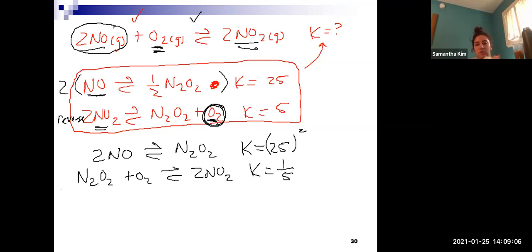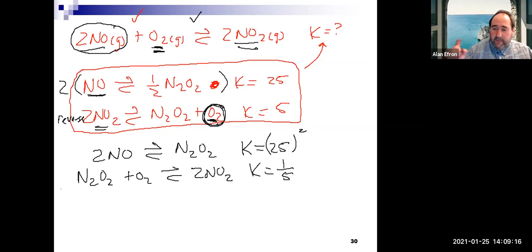Okay, so you're just flipping it, like nothing's changing in the sense of the formula or the equation itself. Right, we're just basically reversing the reaction. And when we reverse an equilibrium reaction, the equilibrium constant is affected by taking 1 over the K value. That's because if we wrote the K value for the bottom one the way it's written right now, it's N2O2 and O2 divided by NO2 squared.